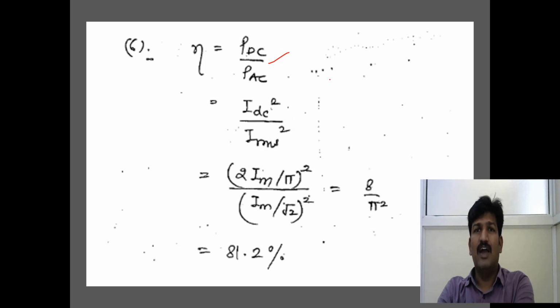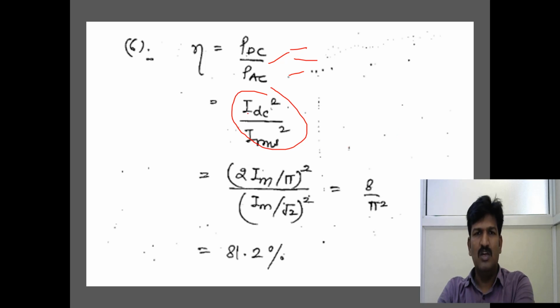P is equal to I square R, so R and R get cancelled. Corresponding to PDC you write IDC square R, and PAC you write IRMS square into R. R and R get cancelled, and the remaining term is IDC square divided by IRMS square.